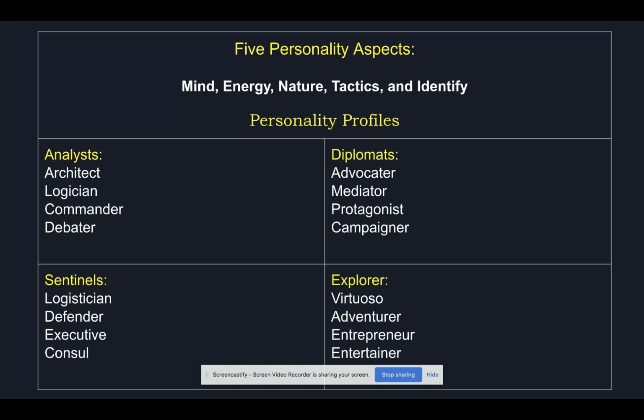The third one is nature. This aspect determines how we make decisions and how we cope with our emotions. Again, there are 2 areas: the thinkers or the feelers. The thinkers tend to be objective and rational, and they hide their emotions. Feelers tend to be sensitive, have emotional expression, are empathetic, and less competitive.